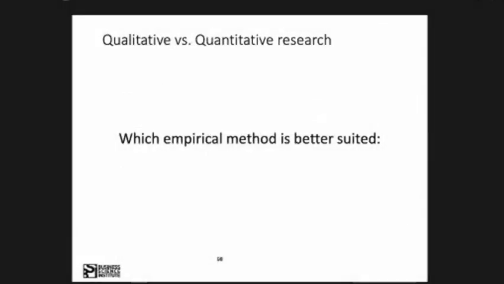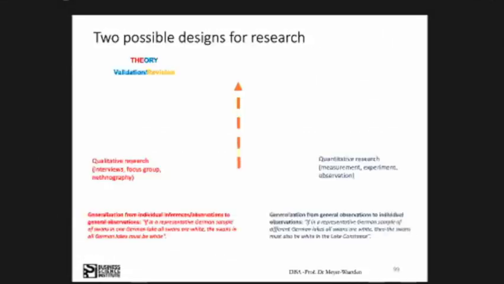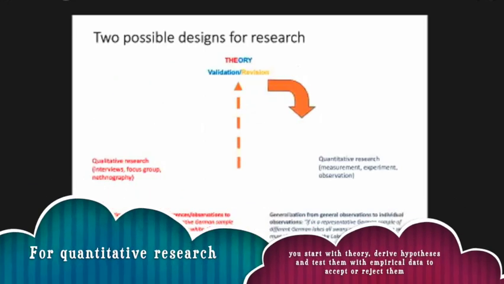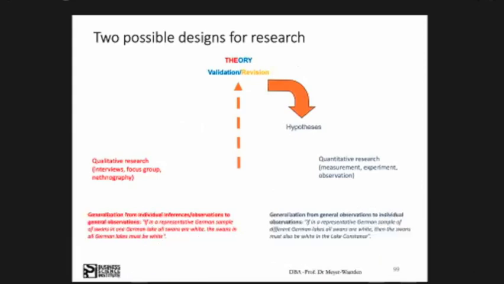Qualitative versus quantitative research. Which empirical method is better suited? So again, if you have an established theory from your literature review, you will derive hypotheses, and you will do a literature review with existing research from which you justify your hypotheses, which you will then test quantitatively with existing measurement scales and experiments, observations, surveys.